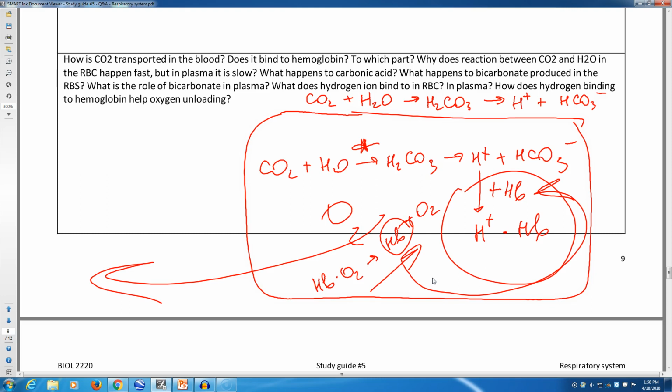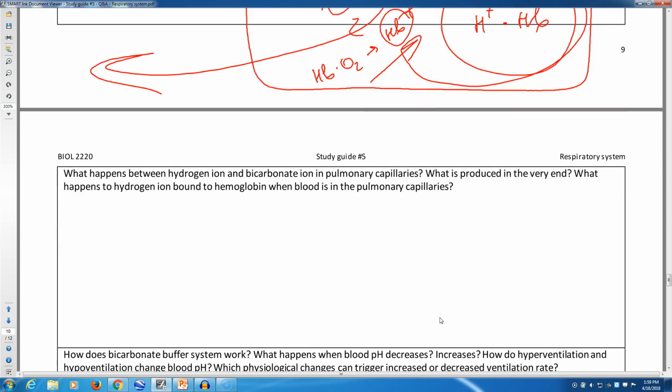From the red blood cell, it can go only where? Seriously? What's outside of the red blood cell? Well, plasma. It goes into plasma, that's it, and it stays there. So that bicarbonate provides buffer capacity to plasma. Does that make sense? That's it.